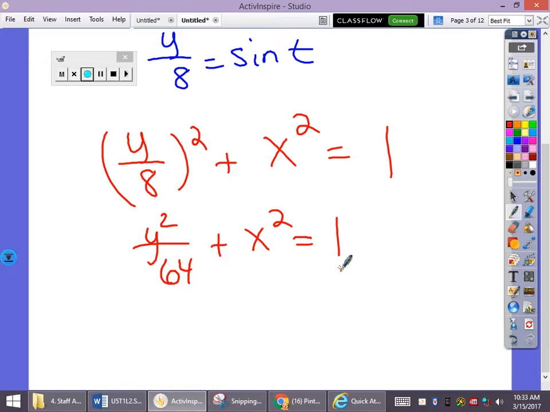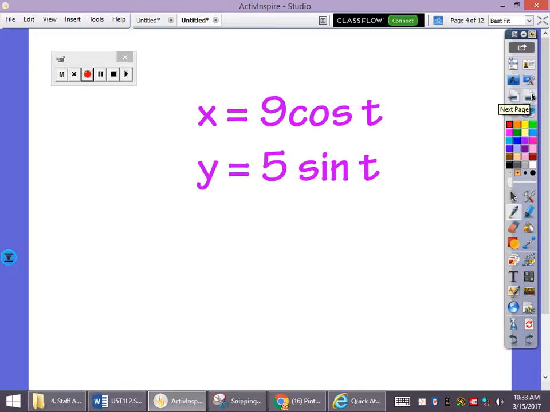Okay, the next one I would like you to try on your own. There you go. All right, so this is going to become cosine t is x over 9. This is going to be sine t is y over 5.